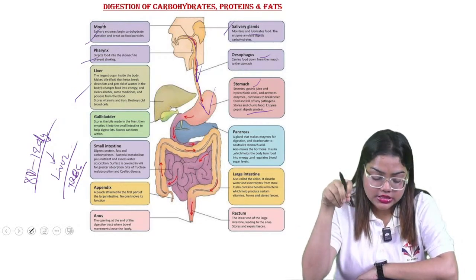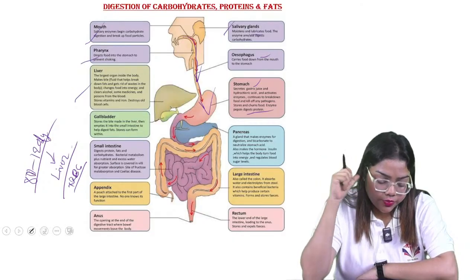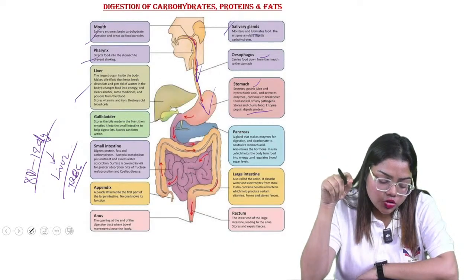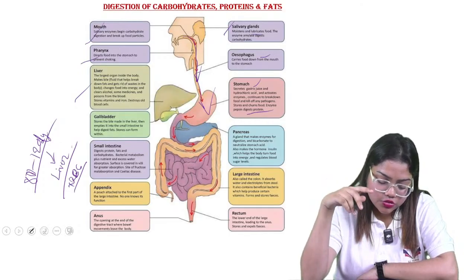After that, from the stomach, whatever is digested, the gallbladder function enters here. It will store the bile made in the liver, then empty it into the small intestine.